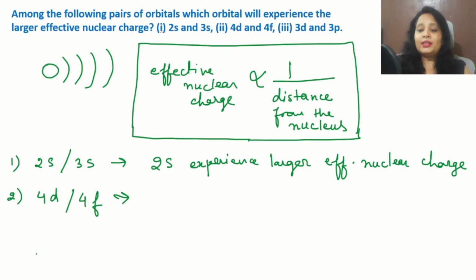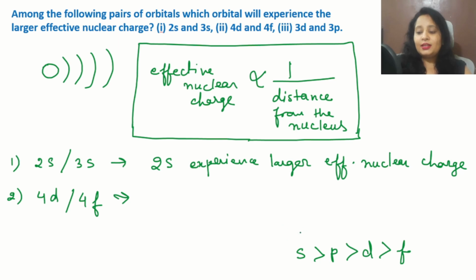We already studied that the s orbital feels the largest amount of nuclear charge. Then it comes to the p orbital, then the d orbital, and then the least effective nuclear charge will be for f.